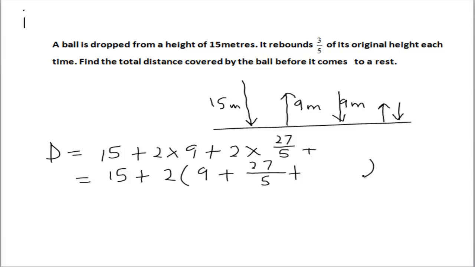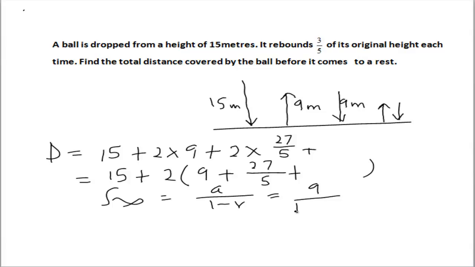Therefore we're looking at the sum to infinity, which is a over 1 minus r, and our r is obviously 3/5, with 9 as the first term.